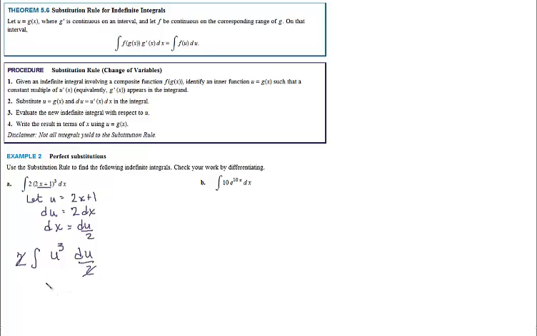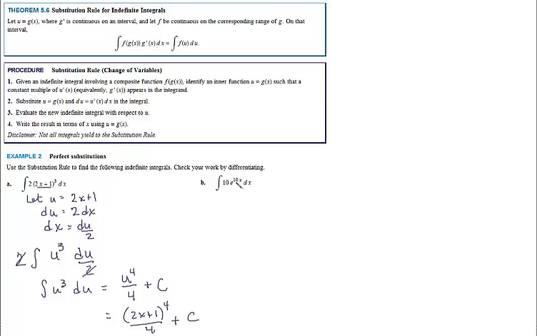So I have the integral of u to the third du. That gives me u to the fourth over 4 plus c, substituting back in for my u because I wasn't given any u's in my original. This would be 2x plus 1 to the fourth over 4 plus c. Nice.